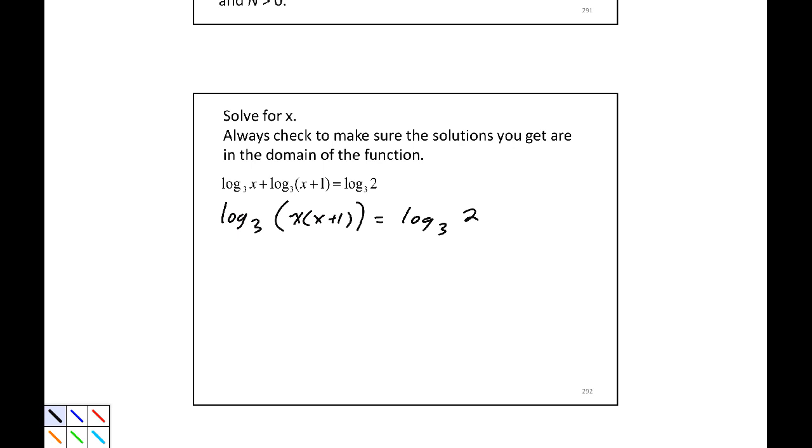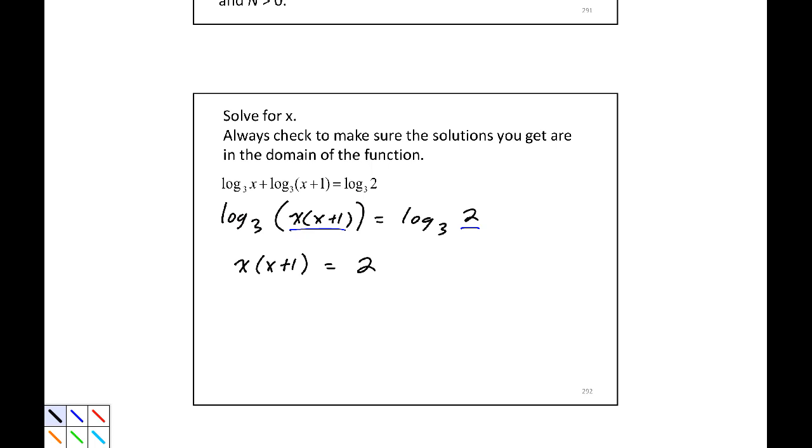Now, because this is in the right form, we have two logs with the same base on opposite sides. This means the arguments must be equal. So we can use this to say that x times x plus 1 must equal 2.